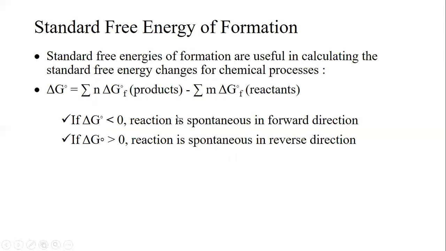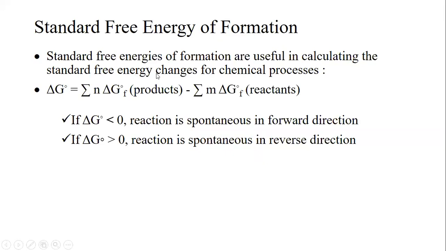Okay, we come eventually closer to what we need to learn out of this. What is the final thing we're interested in? Remember, to relate delta G 0 to K, the equilibrium constant of any reaction. The standard free energies of formation are useful in calculating the standard free energy changes for chemical processes. There are 2 different things we have to concentrate on.